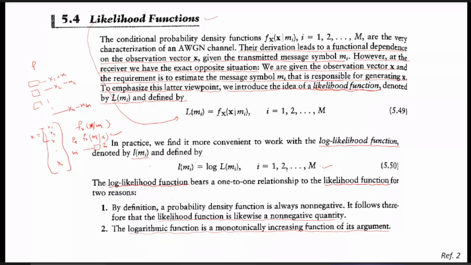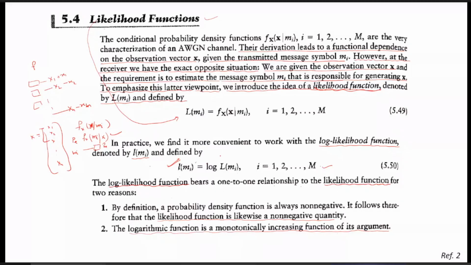You can see that the log version is more commonly used. If you take the log of this L(mi), it is called the log likelihood function because it carries a similar concept. Because f_x(x) is a density function, its value will always be greater than 0. So L(mi) will also be greater than 0, and then small l(mi) will also be defined.